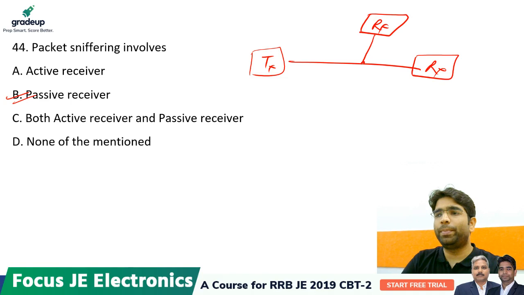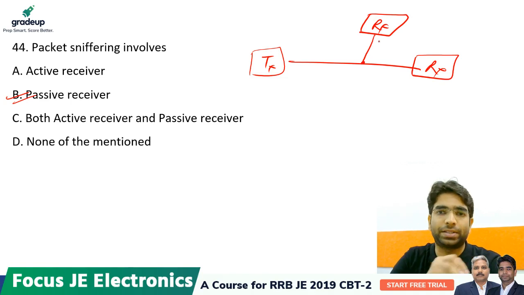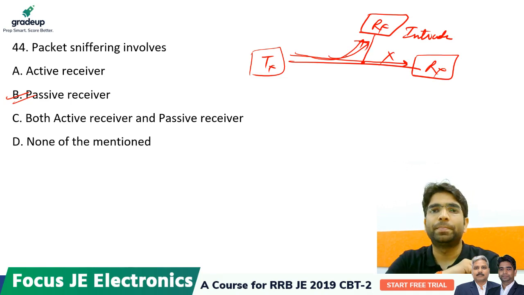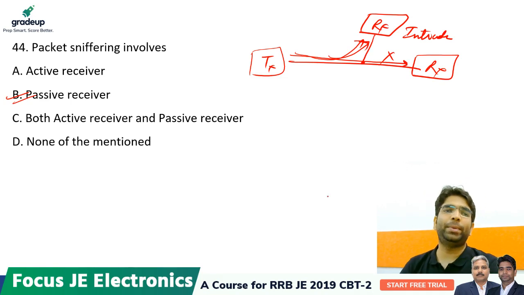He will not make any change in the packets which the transmitter is sending to the receiver, but he will copy the packets and try to retrieve the information. So packet sniffing is passive, and a passive receiver is required.